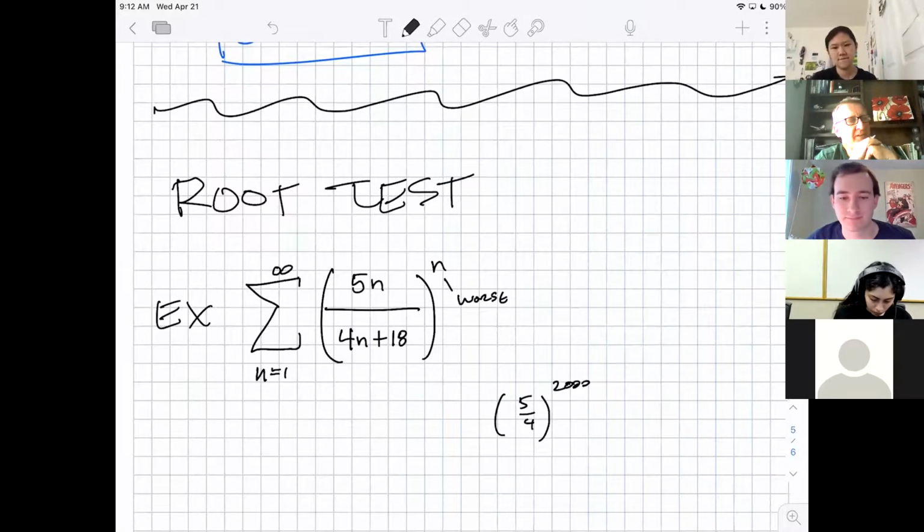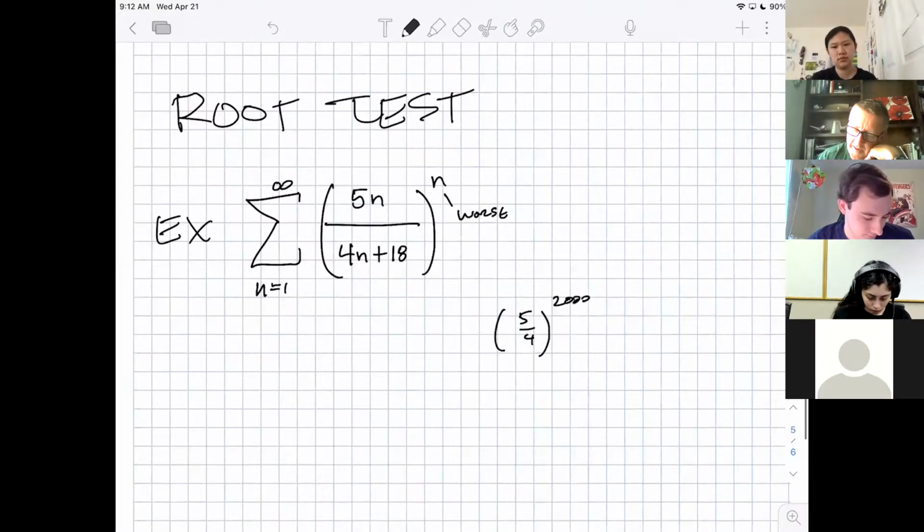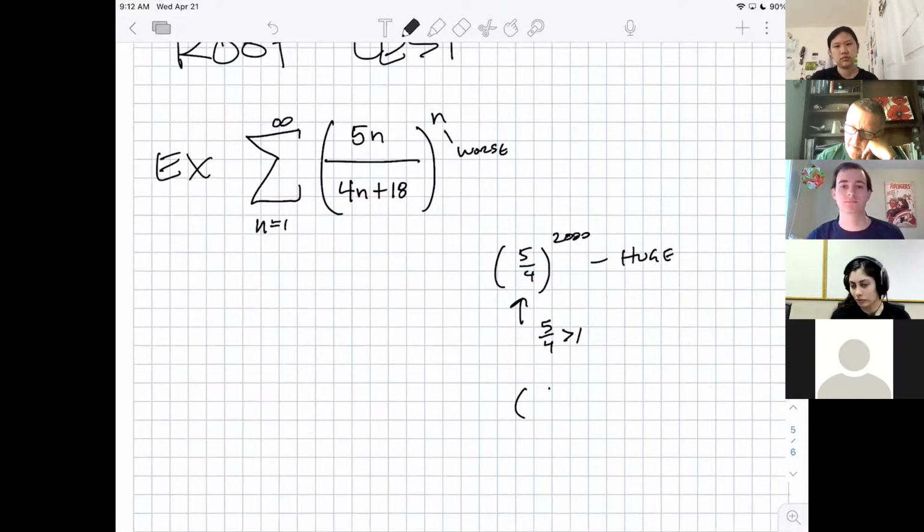And that's kind of what this section is getting at: if the number inside here is larger than 1, then this thing is going to be huge, right? But what if what was inside there was less than 1?